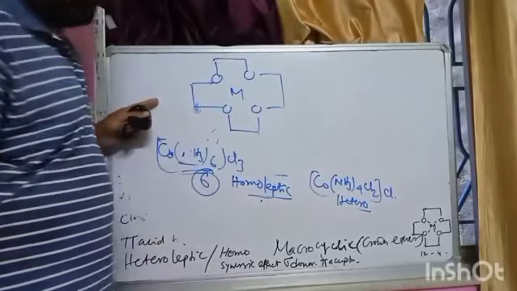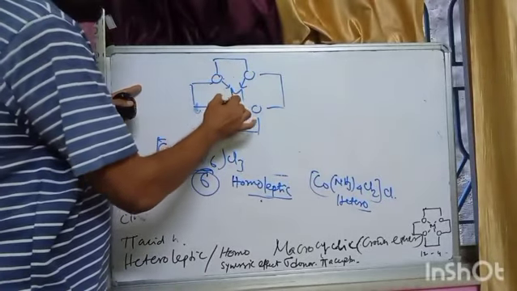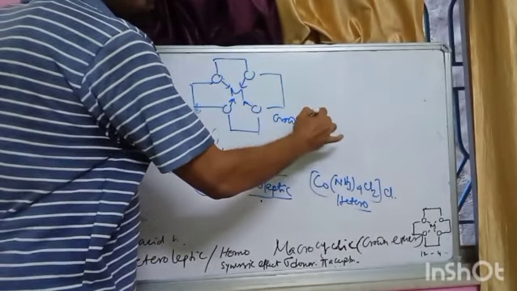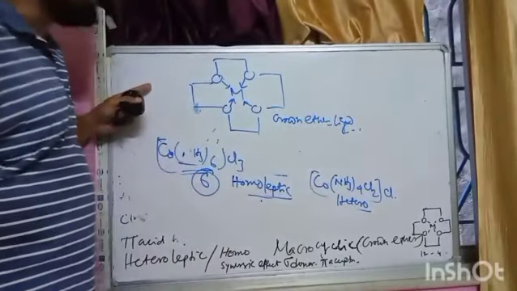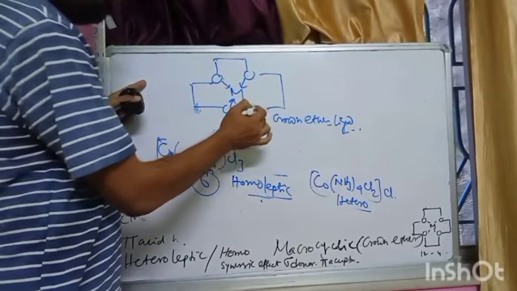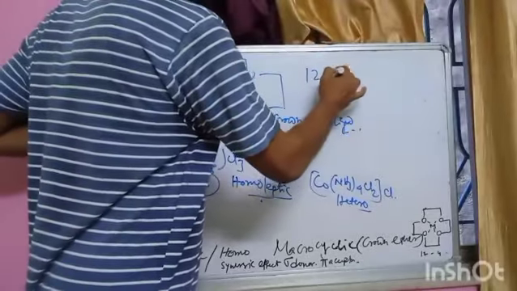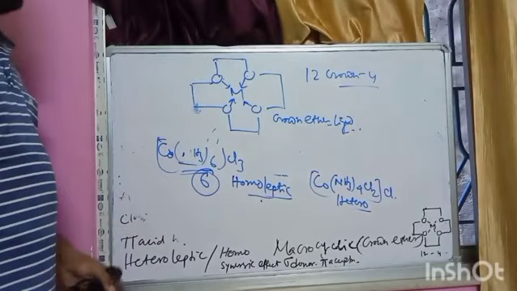The central metal ion is bonded by these oxygen atoms, and it is a crown ether type ligand. It acts as a crown ether ligand. Counting 1, 2, 3, 4, 5, 6, 7, 8, 9, 10, 11, 12, it is called 12-crown-4.